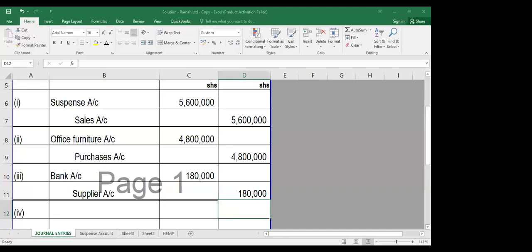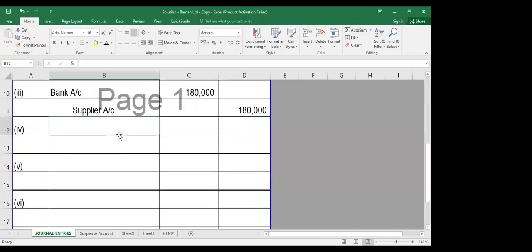So we shall come here. Remember we said returns inwards affect your sales, they reduce your sales, and when you sell, you credit your sales account. So our returns inwards, we debit those accounts of returns inwards.